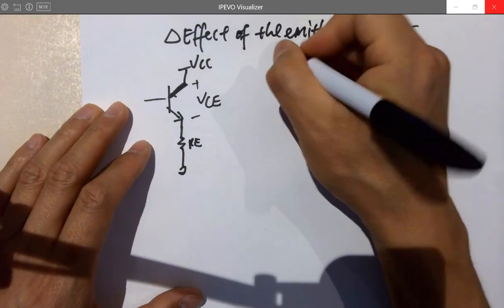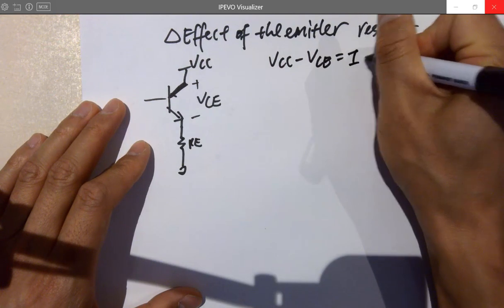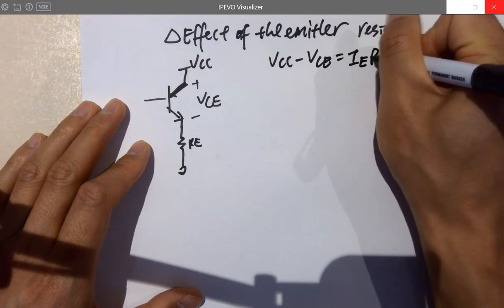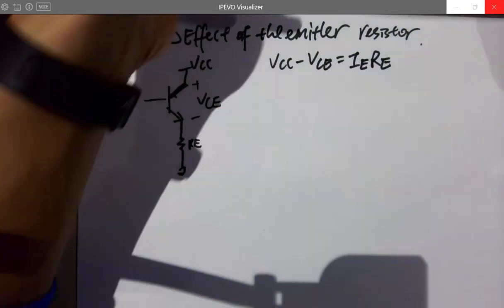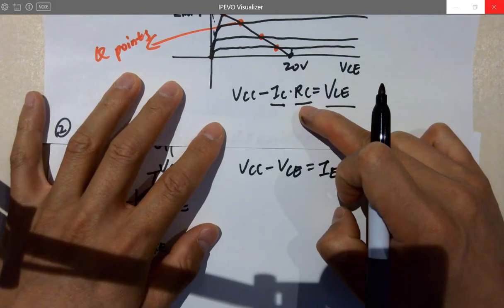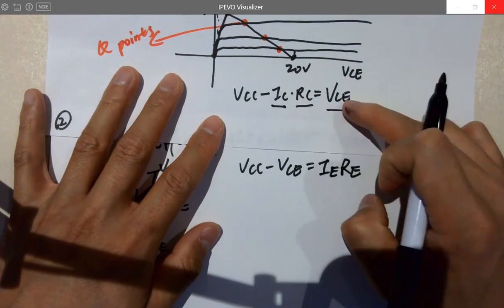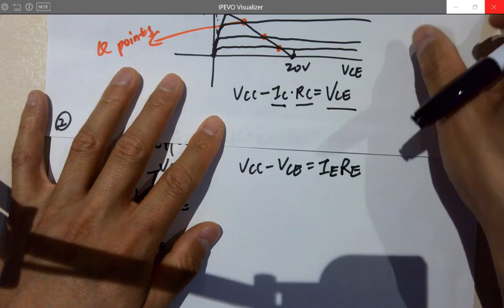So the equation just becomes VCC minus VCE equals IERE. Very similar. If you compare when you connect the load to the collector, pretty much the same, right? So no difference.